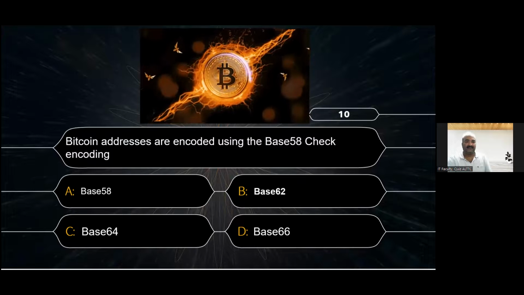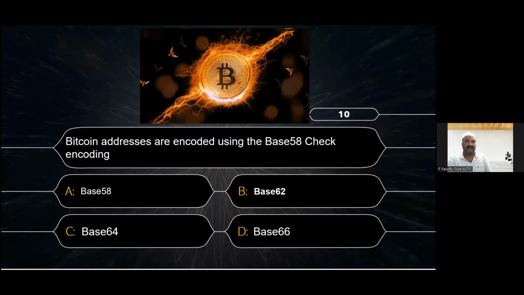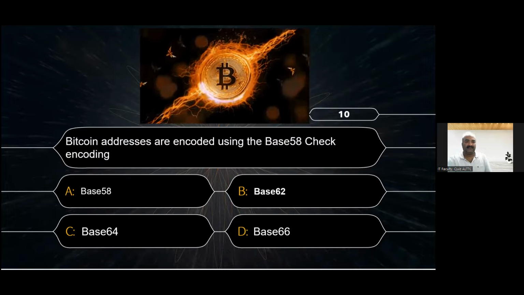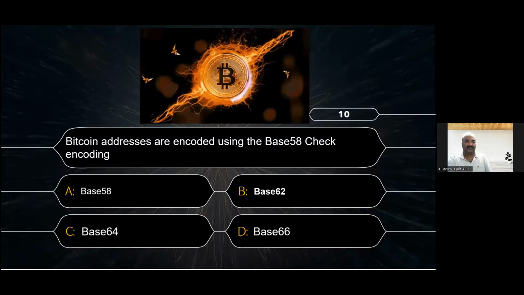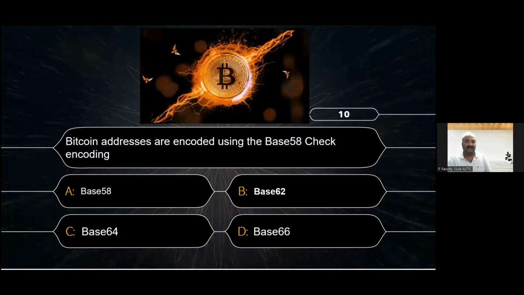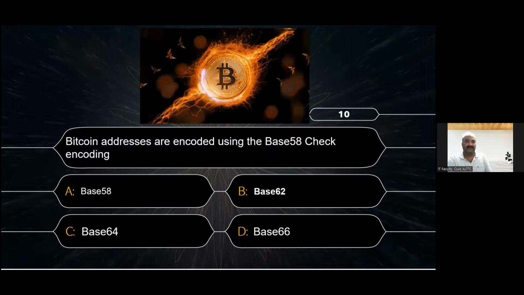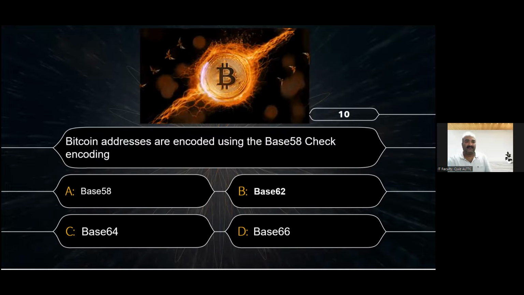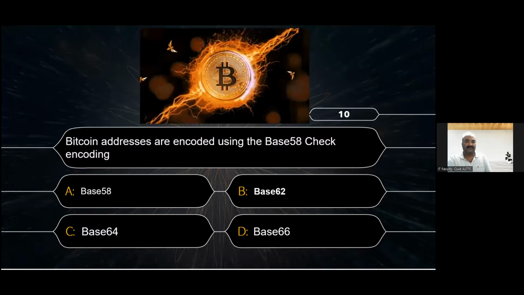So the options are A base 58, B base 62, C base 64, or D base 64. The question is quite tricky. If you keep a close watch on the question, you might be able to get the correct answer.